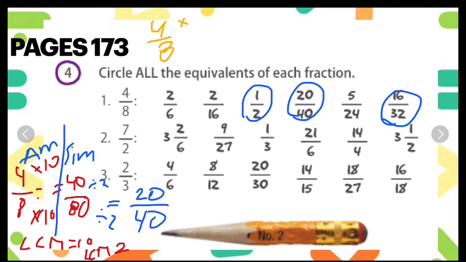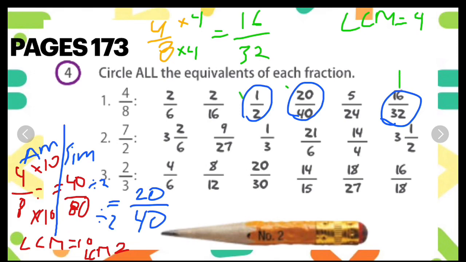So I multiply by my least common multiple. Let me write it over here. My least common multiple in this case will be 4. So I multiply 4 times 4, and 8 times 4 equals 16/32. Okay, so that will be my result. See how I know that these ones are the equivalent fractions.